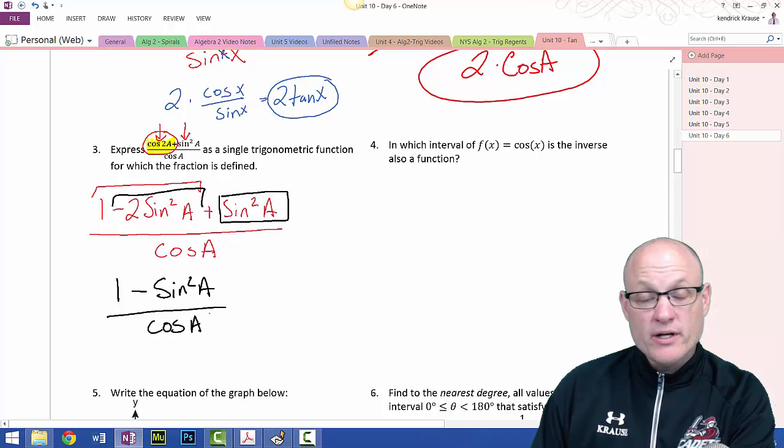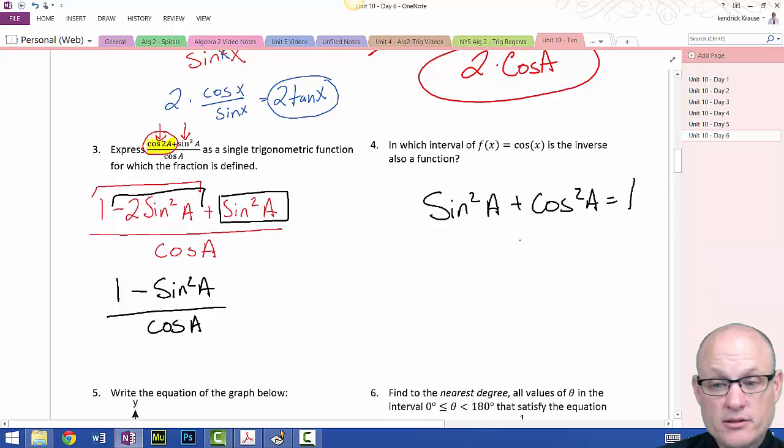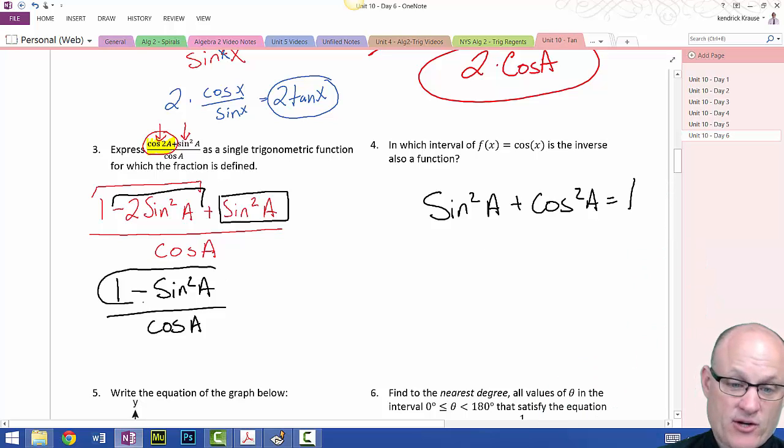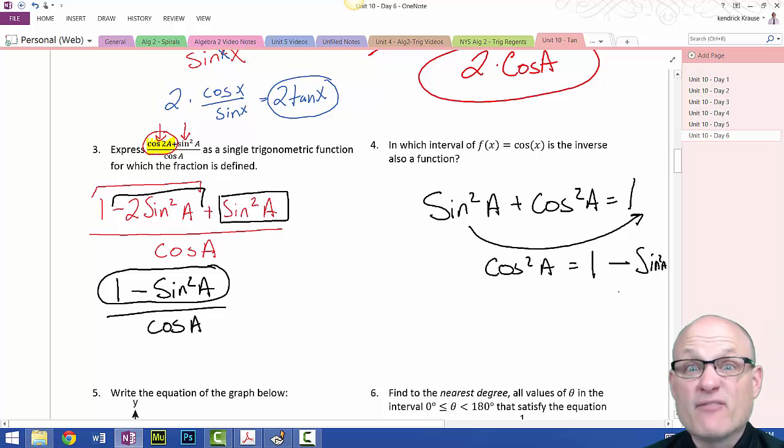Well, what is 1 minus sine squared A? I'll write it over here. But remember, do you remember this one? Sine squared A plus cosine squared A equals 1. And if I want to figure out what this actually is, I'll bring this over here. So I have cosine squared A equals 1 minus sine squared A. Kind of fit that in there.